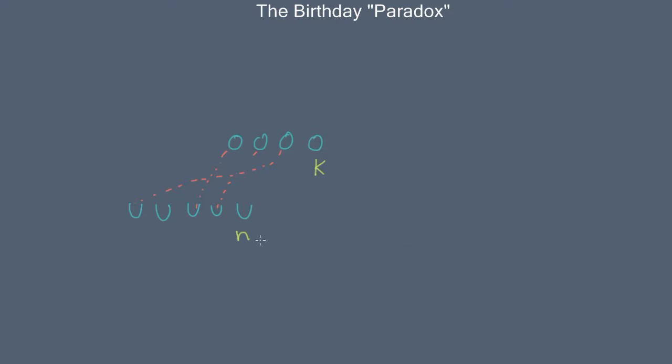The birthday paradox is specifically concerned with how many balls k until the probability of a pair of balls occurring in the same bin is greater than 1/2. So we're looking for the k value. In the birthday situation, n is 365.